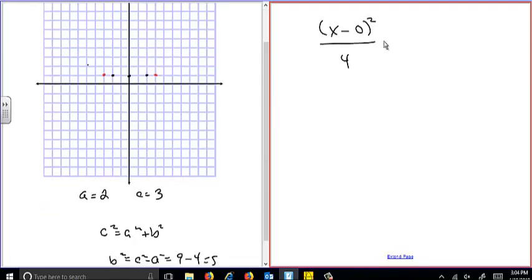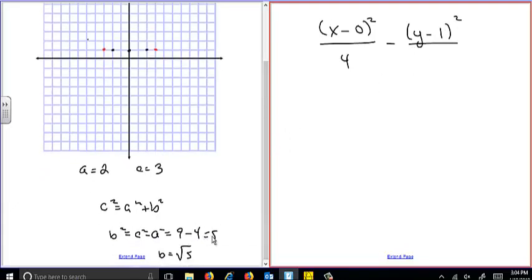Then you subtract y minus 1 squared, divided by b squared, which is 5, and that equals 1. So you get x squared over 4 minus y minus 1 squared over 5 is equal to 1. That's your standard form.